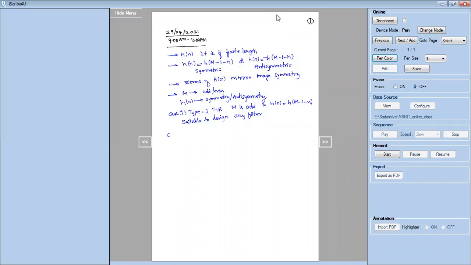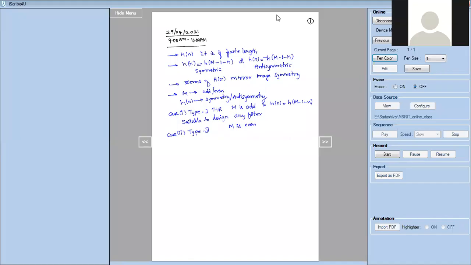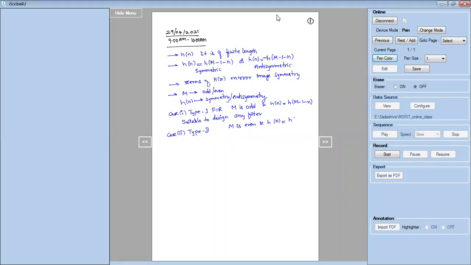Case 2. In case 2, this is also known as the type 2. In type 2 FIR filter, M is even, that is the length of h of n is even, and the impulse response of the filter will be symmetric.